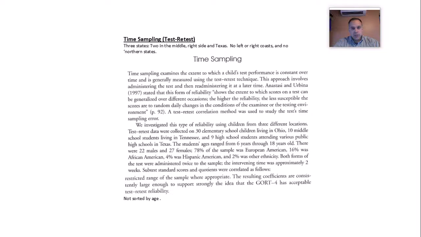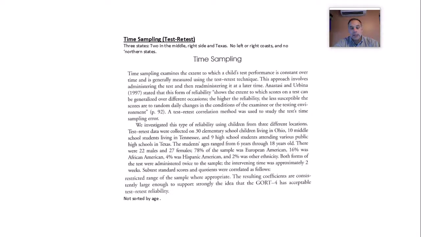Time sampling, test-retest. Three states were used, two in the middle, right, and Texas. When I read this, I can't remember which ones, they're right here. It was Ohio, Tennessee, and Texas. So they didn't use any states that were on the left or right coast, no real northern states.